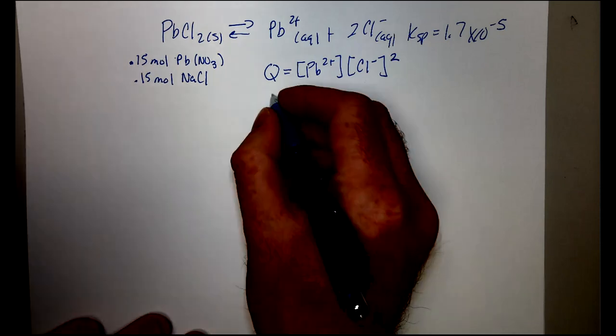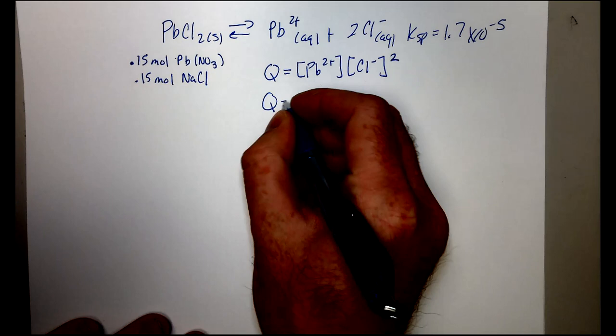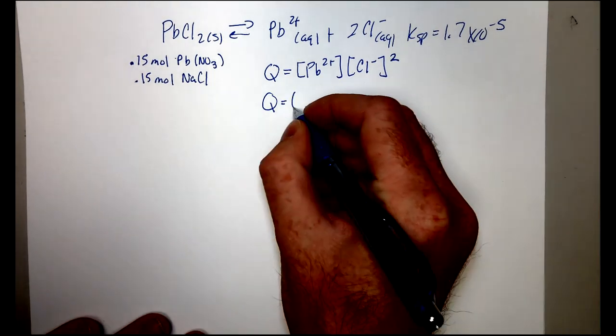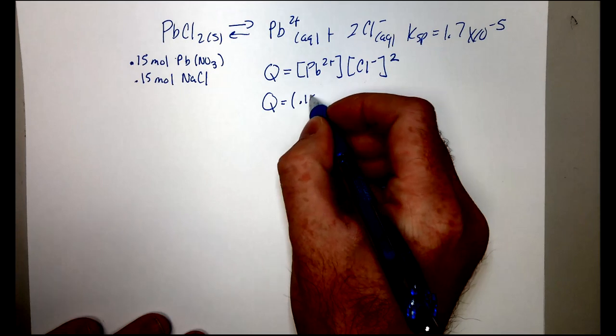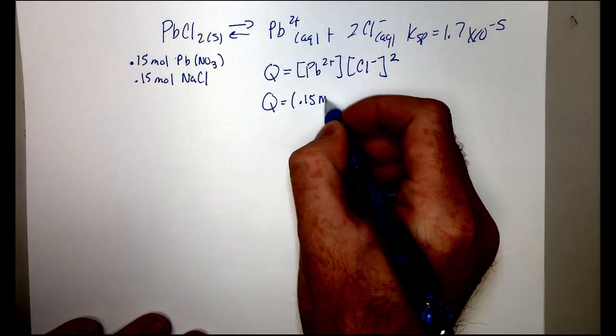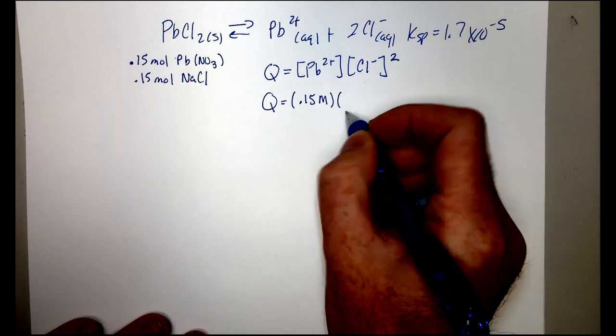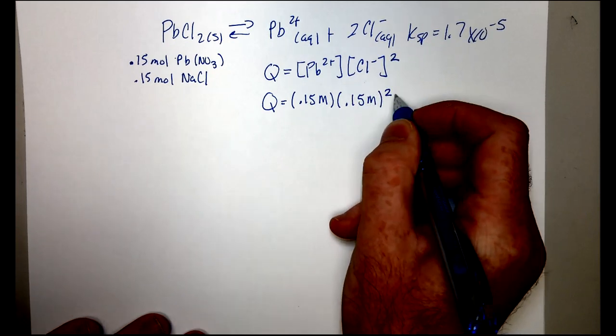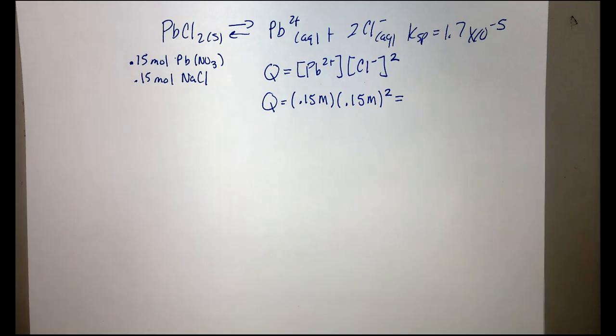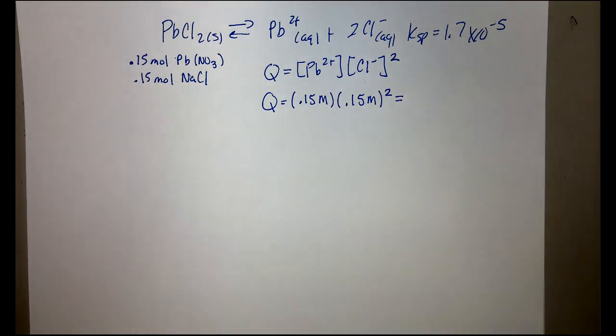So if I plug and chug, with a 1 liter solution, this is 0.15 molar, and this is 0.15 molar quantity squared. So then let's figure out what the Q is.